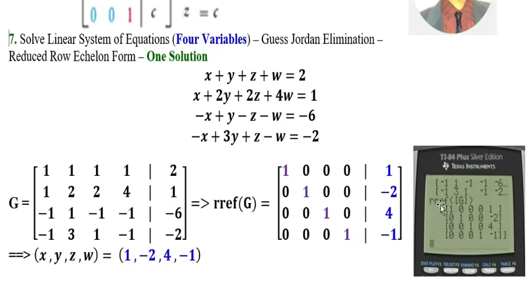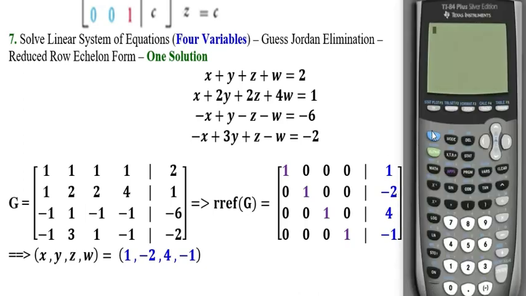And when we do rref G, we get 1, 1, 1, 1 in the diagonal, 0 above the diagonal, 0 below the diagonal, augmented with 1, minus 2, 4, minus 1. That means x equals 1, y equals minus 2, z equals 4, and w equals minus 1.